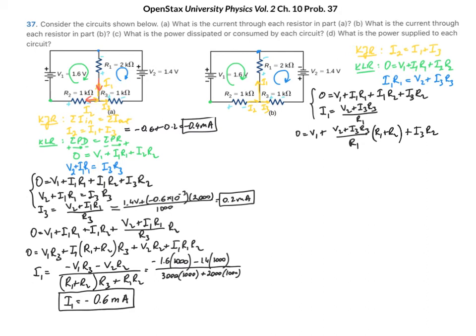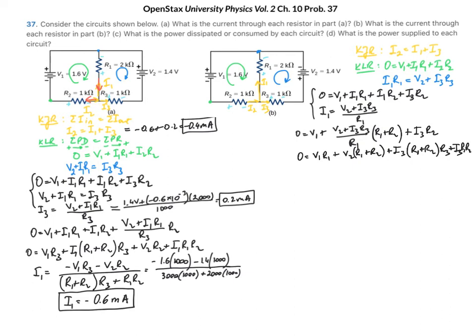Now let's multiply both sides by R1. So we have 0 equals V1 R1 plus V2 R1 plus R2 plus I3 times R1 plus R2 times R3 plus I3 R1 R2.